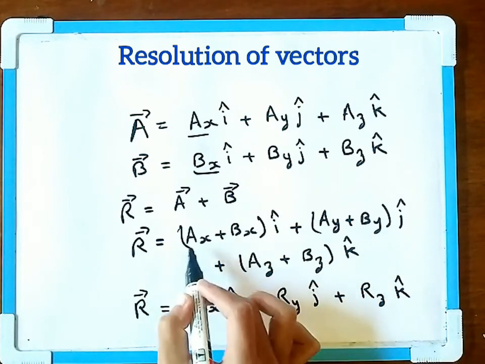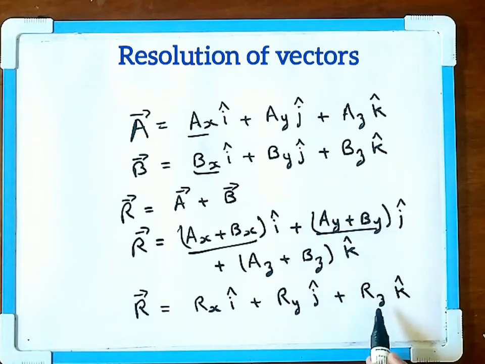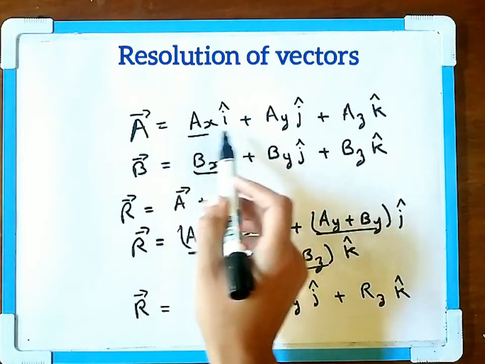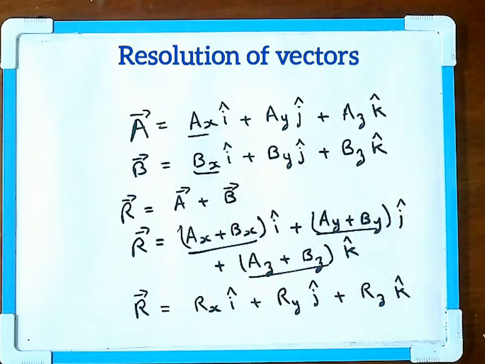So what is this Rx? It is Ax plus Bx, Ry is Ay plus By, Rz is Az plus Bz. So this is how you will add two vectors if they are represented in this vector notation. So simply add the magnitude of the components along their respective axis.